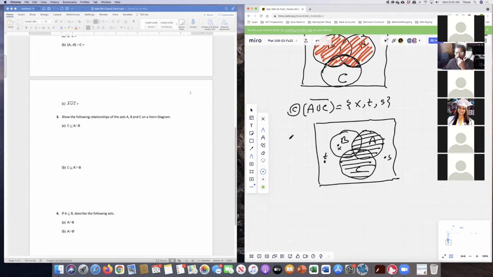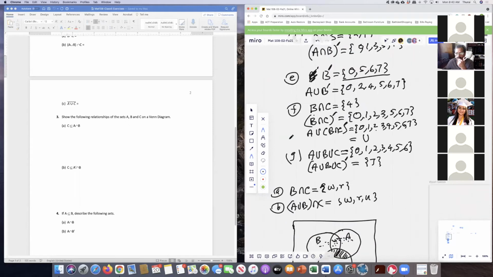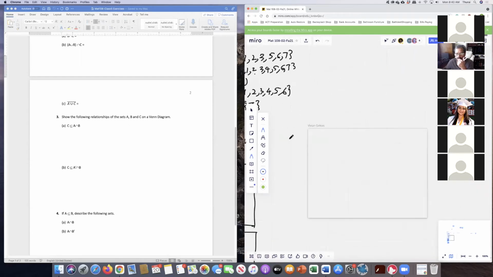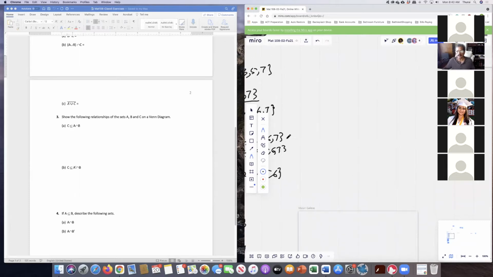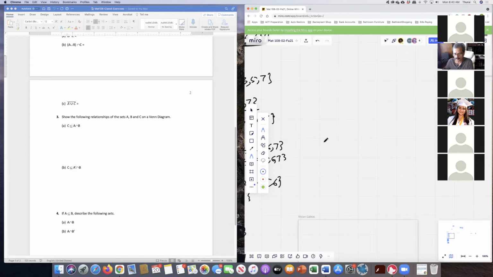Let me see if you can now use your own space to write the answers. Everybody create a box, a frame to work on. Please create a frame and show the answer for number 3. You're drawing a Venn diagram that will show the fact that C is a subset of A intersection B.